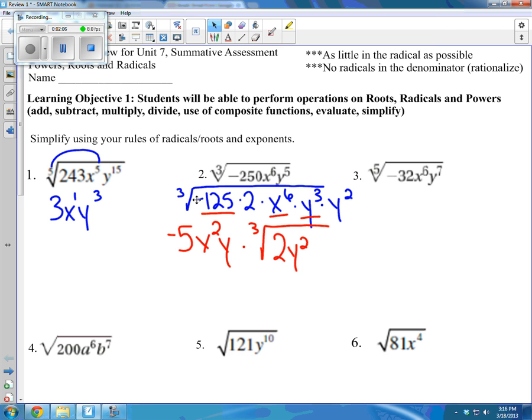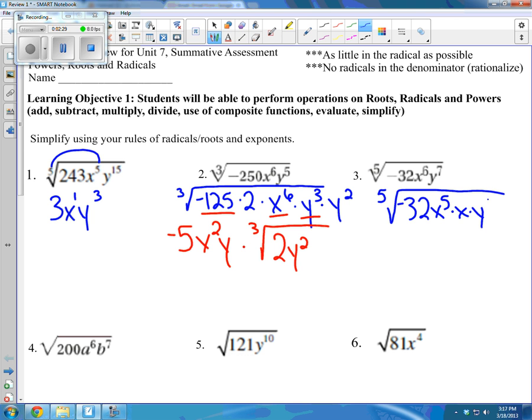All right, going to number 3. On number 3, when I want to break this down, the negative 32 is perfect. And actually that's it. So I'm going to break it into, again, my factors. The negative 32 will be able to come out. I'm going to change x to the 6th into x to the 5th and an x, and the y to the 7th into a y to the 5th and a y squared.